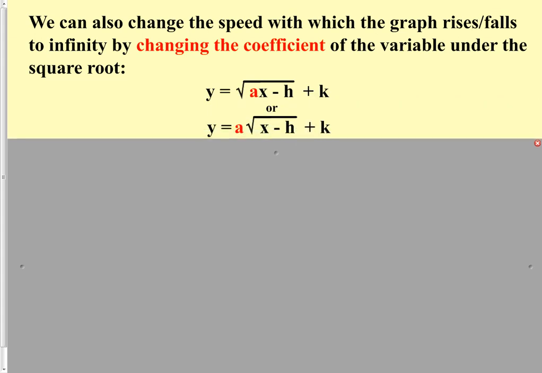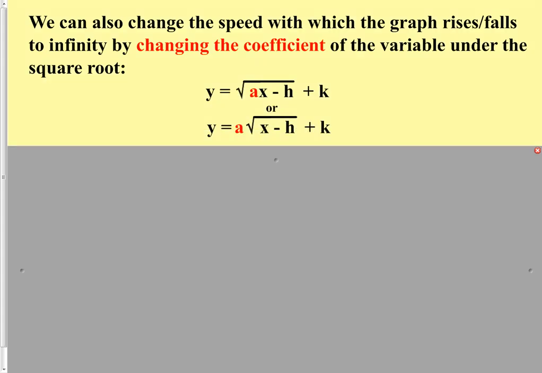So there's actually two different ways that we can change the coefficient dealing with the variable that's working with the square root. And that would be to change the coefficient of the variable actually under the radical, like you can see in the first example, or possibly changing the coefficient of the entire term dealing with the radical, which will indirectly affect the x as well. Okay.